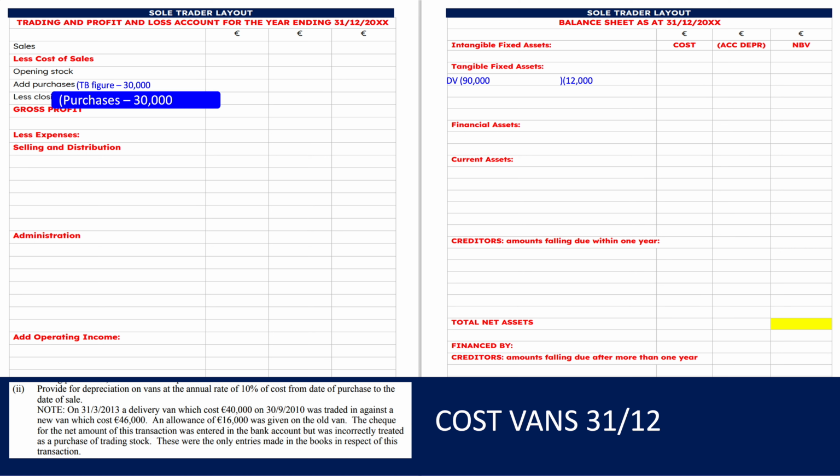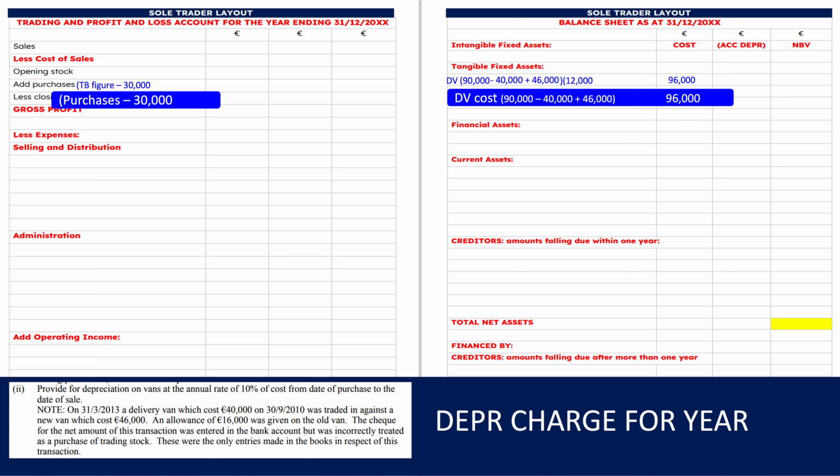Cost of vans at the end of the year, we have to show that we sold one that was worth 40 and we bought one that was worth 46. So minus 40 plus 46 will give us a cost at the end of the year, €96,000. Then we'll work out the depreciation charge for the year. So the trade-in happened after the 3rd month.